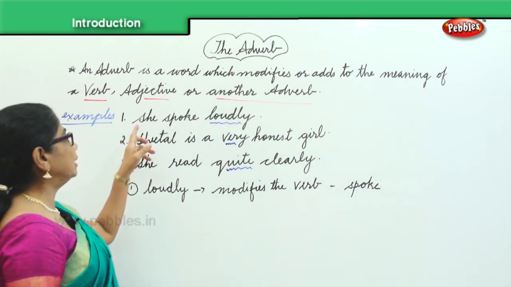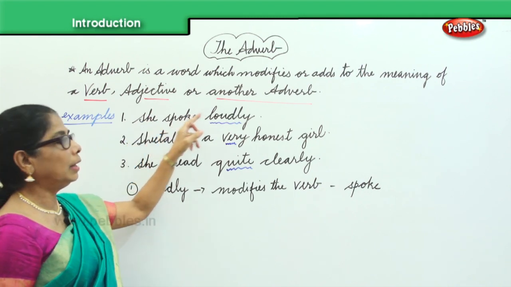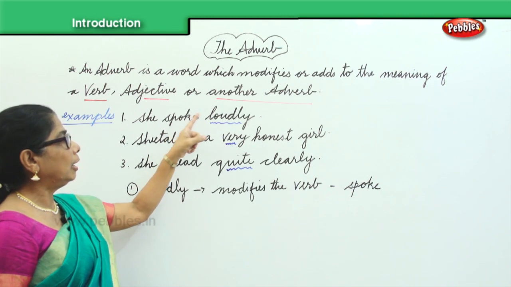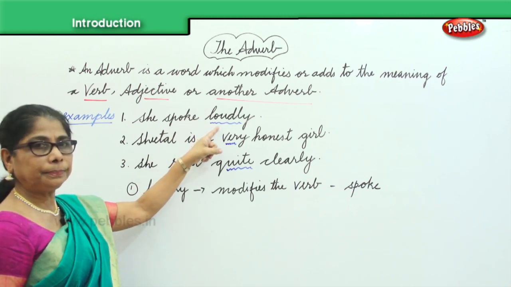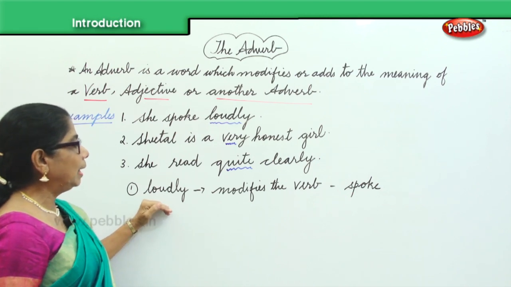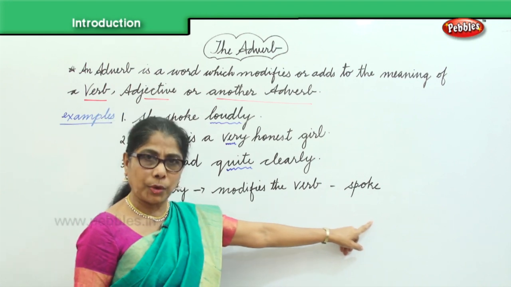In the first sentence we have, she spoke loudly. Spoke is the verb. Loudly is an adverb, and it modifies the verb spoke.